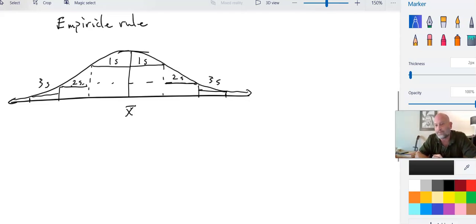The empirical rule basically gives you a rule of thumb for how much area is under these curves in terms of the standard deviations. So the first area I want to look at is this area here, right?